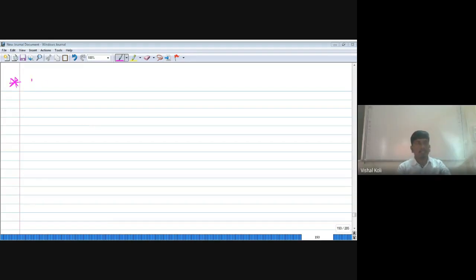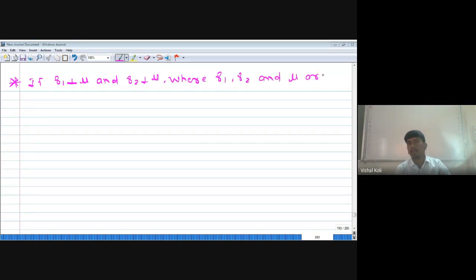Now second, if gamma 1 is mutually singular with mu and gamma 2 is mutually singular with mu, where gamma 1, gamma 2 and mu are measures, then show that a linear combination of gamma 1 and gamma 2 is also mutually singular with mu.